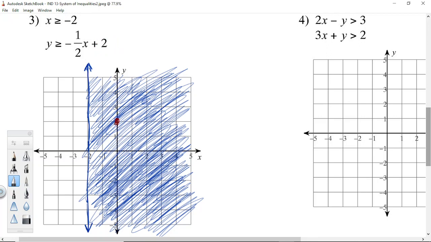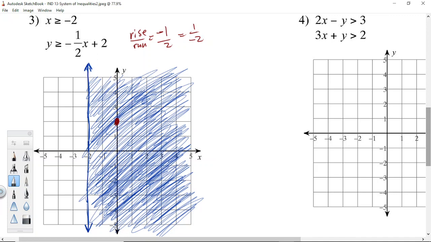We can graph that intercept. The slope is -1/2. So that means it could be -1/2, or we could graph it as 1/2, and those are mathematically the same thing, and they will give us the same line.